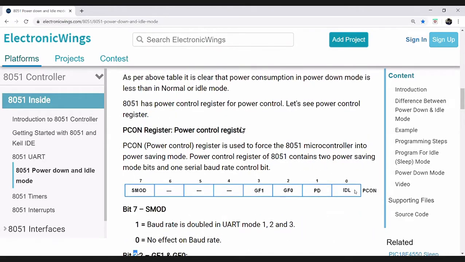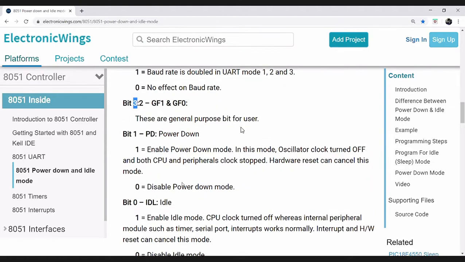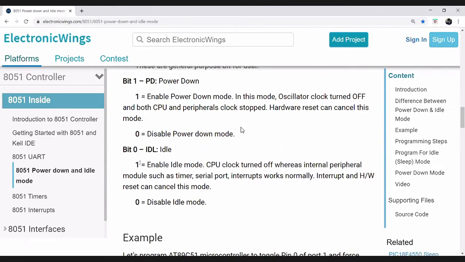0 means power down mode is disabled. What about the idle bit? When it is 1, idle mode is enabled. That means only the CPU will not get the clock; peripherals will get the clock. The CPU clock is turned off, whereas internal peripheral modules such as timer, serial port, and interrupt work normally. Peripherals are timer, serial port, and interrupt. They will get the clock, but the CPU will not in idle mode, as we have seen a while ago.